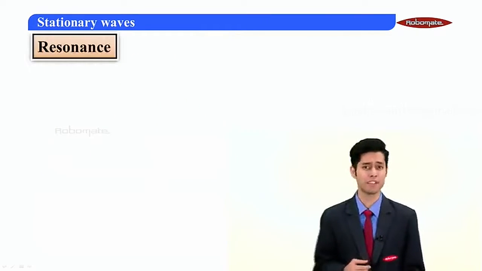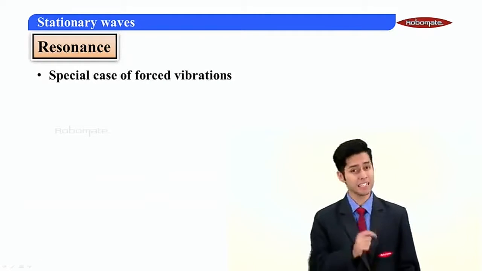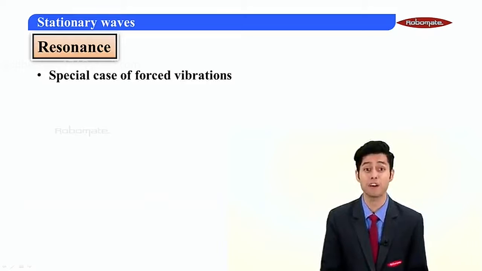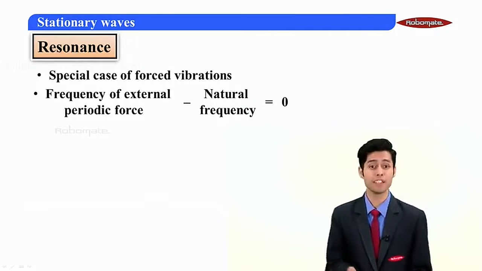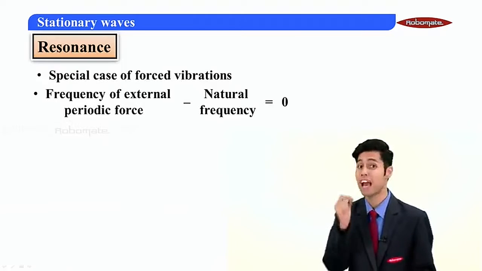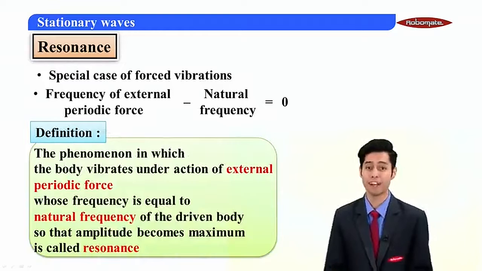So on the basis of this, what conclusions can we make about the concept of resonance? Concept of resonance is a special case of forced vibration. In this case, the difference in the frequency between the external periodic force and the natural frequency is actually zero. And how do I define resonance?